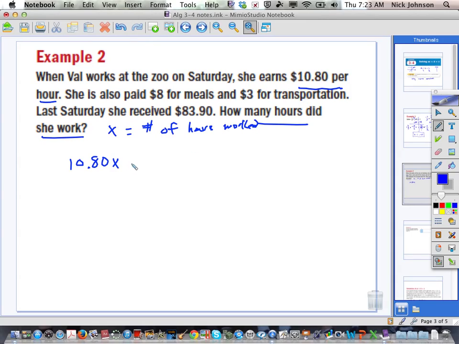Plus she gets paid for meals, so she got paid $8 for that. And she got paid $3 for transportation. That all has to equal a total of $83.90. Okay?